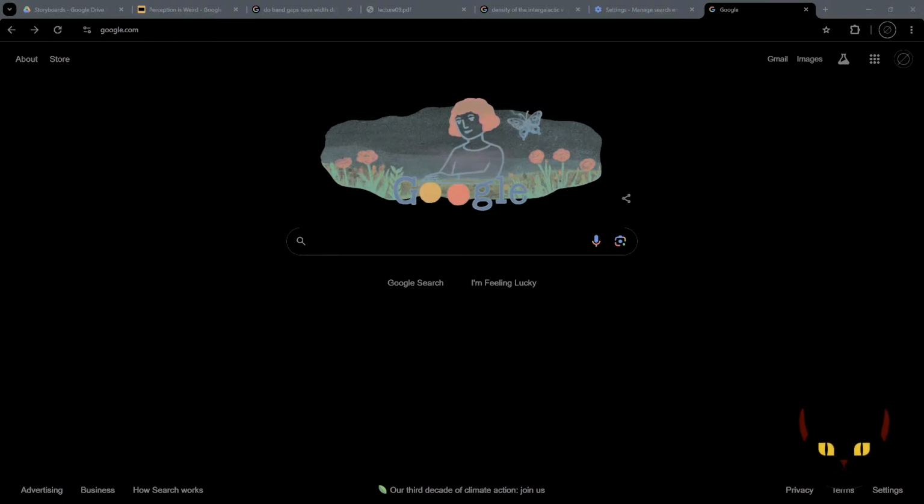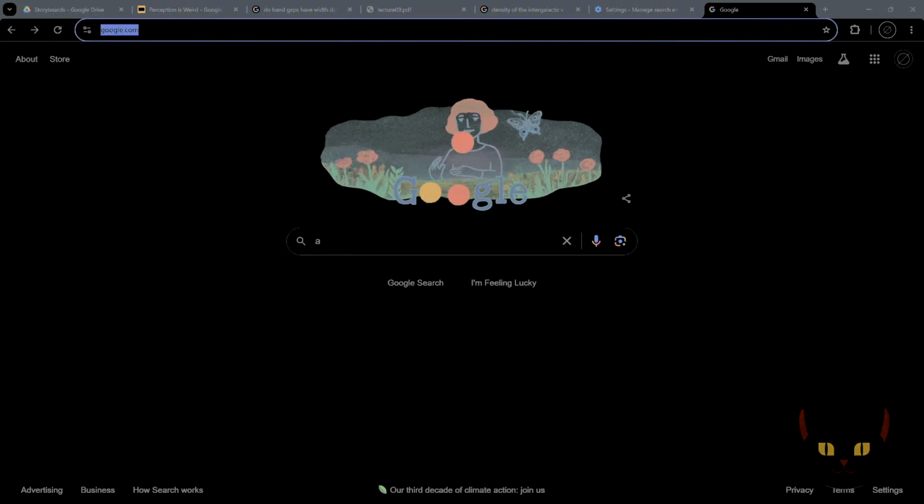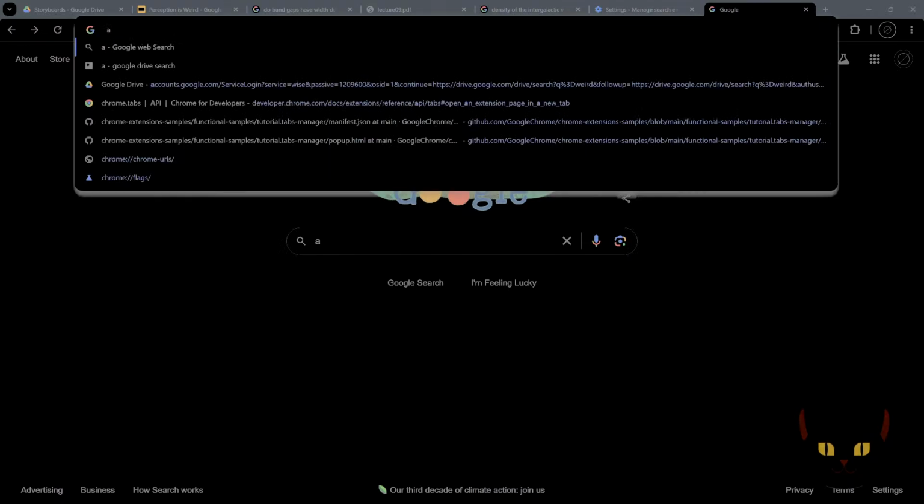So if you ever want to make your Omnibar not search, just only go to web pages that you type in manually, you can do that. Still gives you suggestions though, which is something that a lot of people want to turn off.